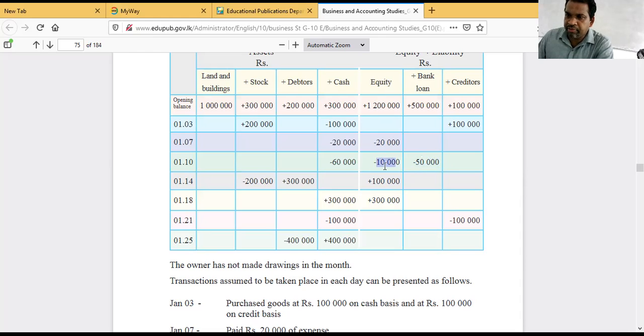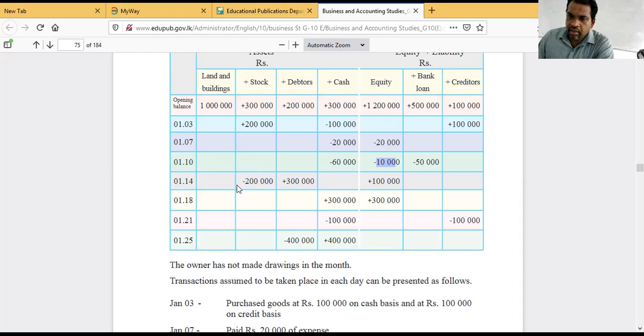Therefore, interest is expense for the business, then it will affect to reduce capital, equity or capital. Then we can say the business has paid bank loan installment 60,000 rupees. It is included 10,000 interest paid on bank loan. That is how we can describe the transaction occurred 10th January.